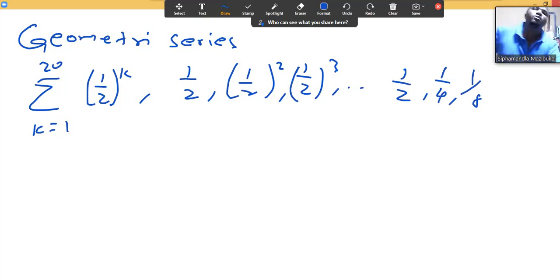So you see, this is no longer an arithmetic sequence, but a geometric sequence. Let's say this is term 1, this is term 2, this is term 3.